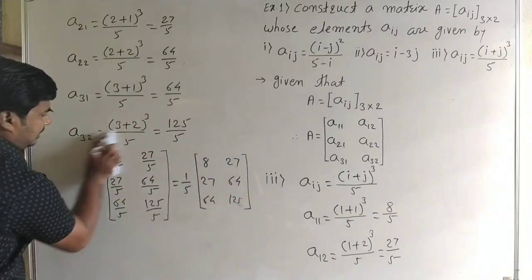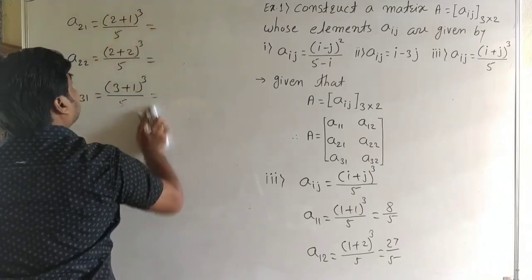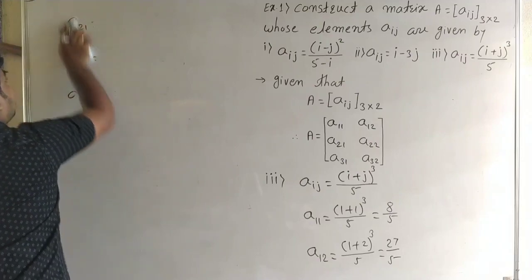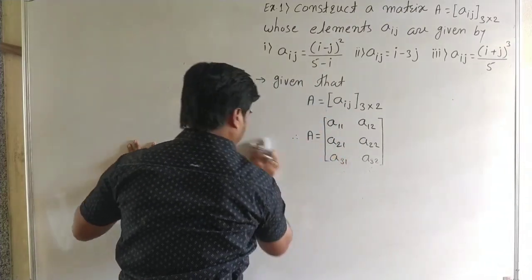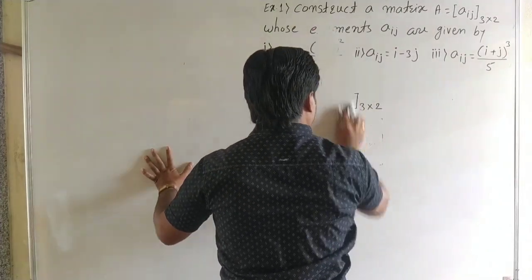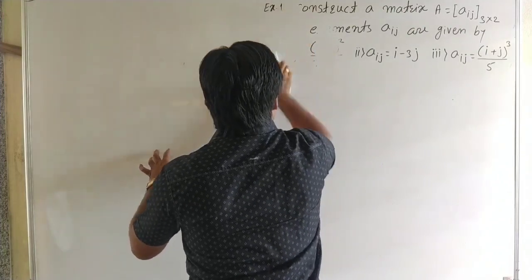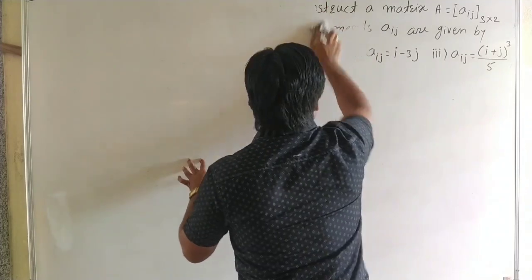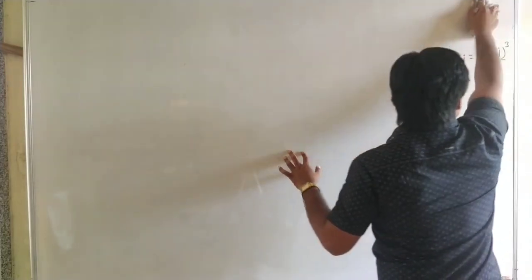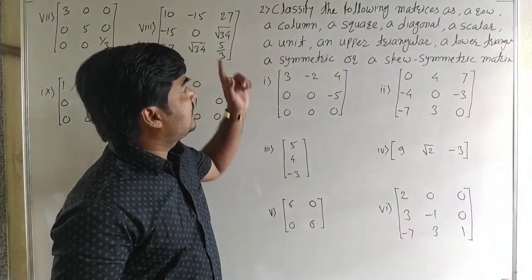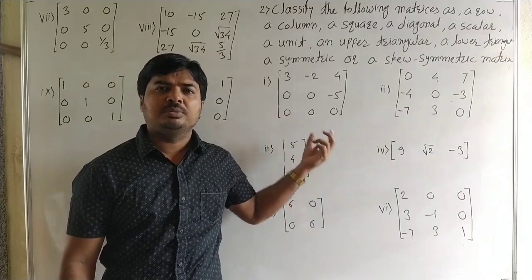Now next we see the second example in this exercise. Second example: classify the following matrices as row matrix, column matrix, square, identity, skew symmetric, symmetric, scalar, diagonal.